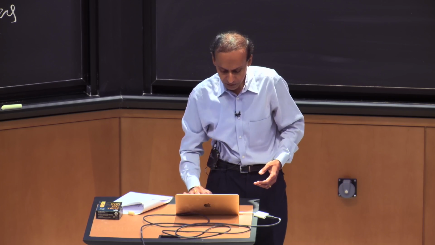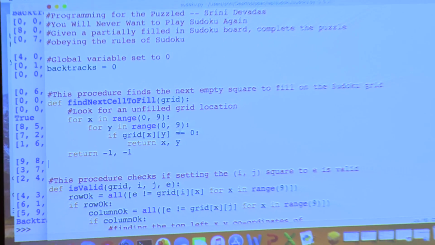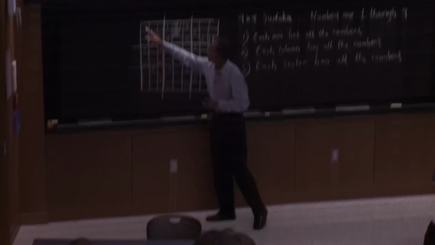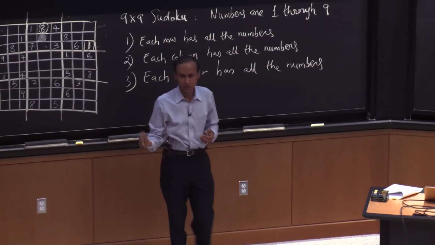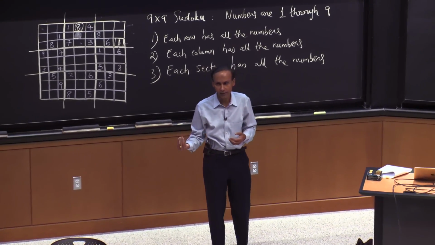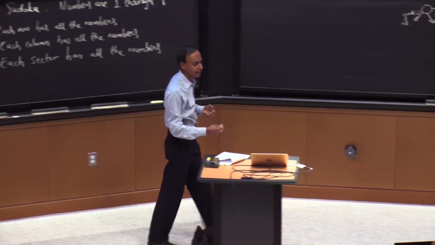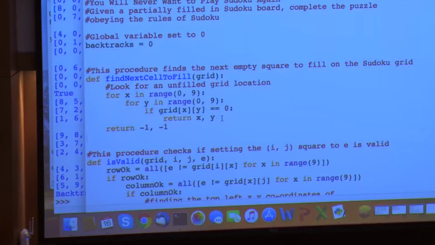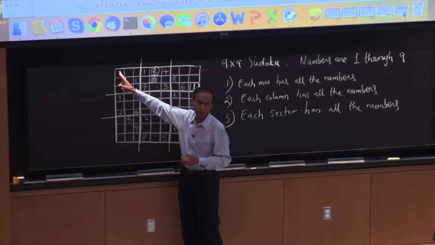And it simply goes for x in range 0 through 9, for y in range 0 through 9. I'm assuming that since 0 is not a valid entry here, I could use 0 to signify empty. Okay? It's only 1 through 9, so 0 can signify empty. And this just returns x and y corresponding to the first empty location.